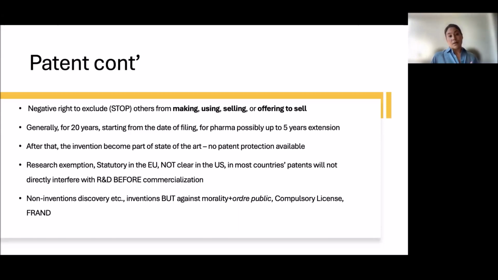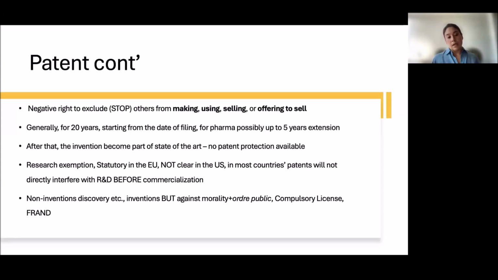So at the beginning, I told that patents are monopolies, but they're not limitless ones. So the courts can interfere with the monopoly that is already given by the public. So compulsory license is one of them. It was highly debated during the pandemic, but there was no compulsory license given, even under these circumstances.